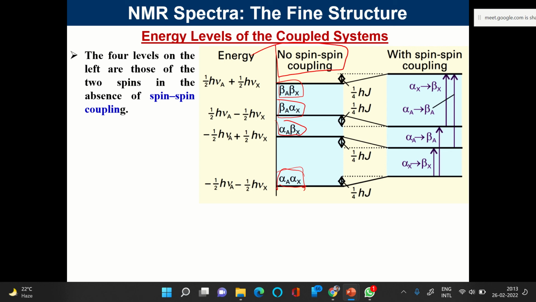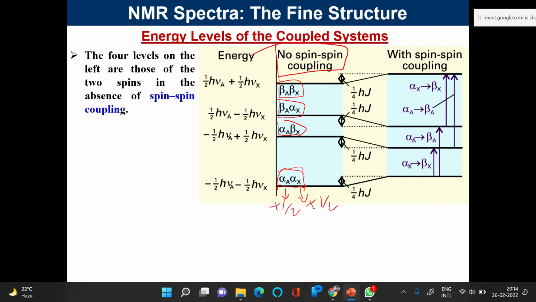But what happens is that if there is spin-spin coupling, if the two systems are interacting, the A and X, the two nuclei are having interactions, then the situation changes. You have what we are seeing here, where both have plus half ms. So this is plus half, this is also plus half.